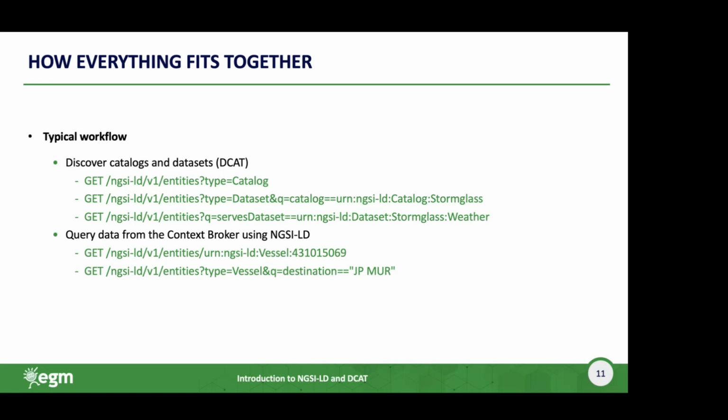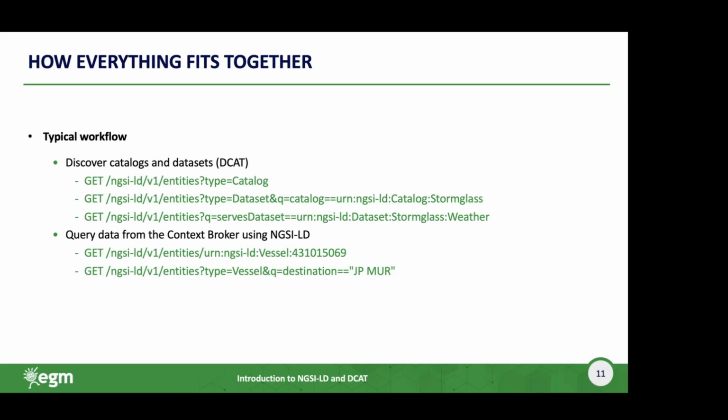To also help you get started, we provide here a typical workflow. Typically, you will start with a discovery phase to discover the catalogs and datasets. The first query will give you all the catalogs that exist inside the context broker.